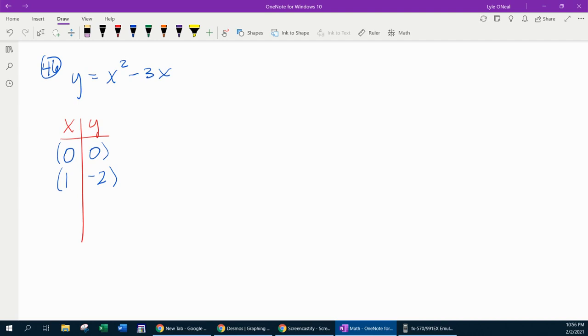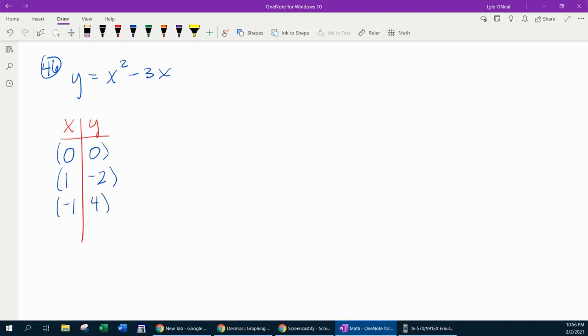If you're going to pick 0, which is a neutral, and 1, which is a positive, you also need to pick a negative. So don't discriminate against the negative numbers. They're numbers too. Now, negative 1 squared minus 3 times negative 1. Negative 1 squared is positive 1. Negative times a negative makes a positive 3. 3 plus 1 is 4.